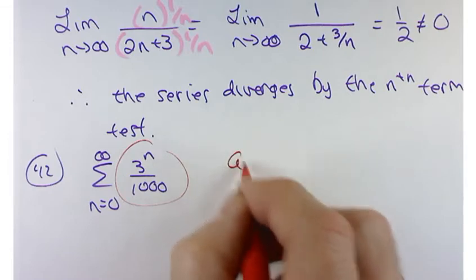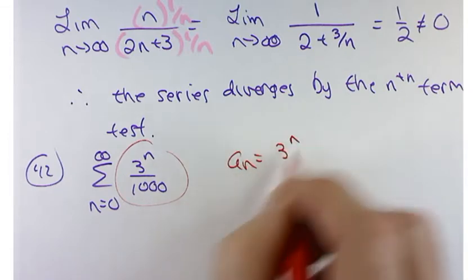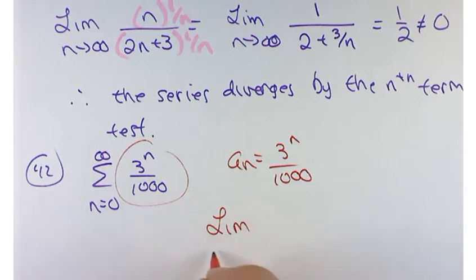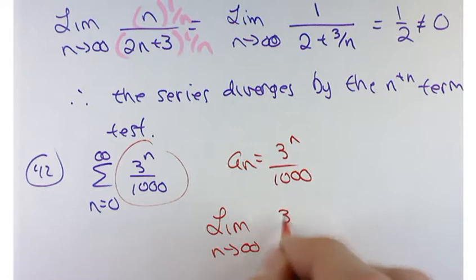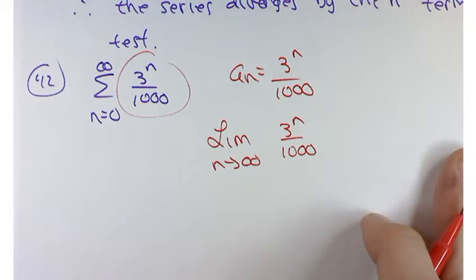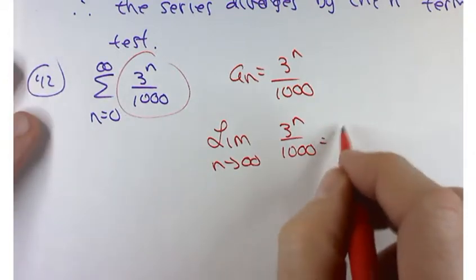Here's your a sub n: 3 to the n over 1,000. Can I apply L'Hopital's rule in evaluating this limit? No. But do I need to? Not really.